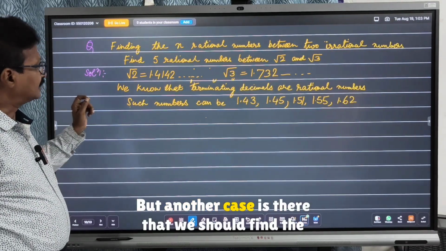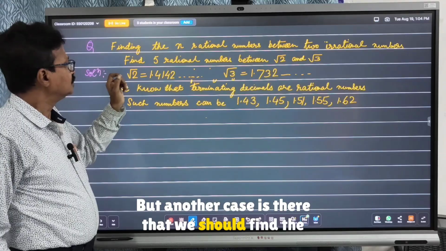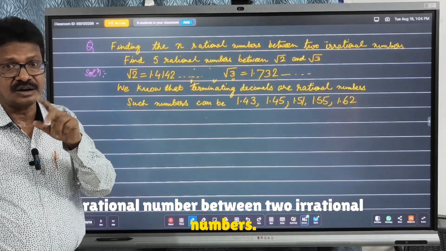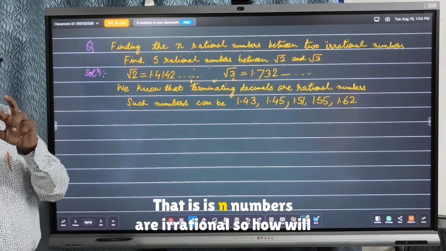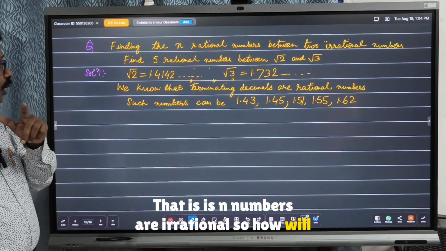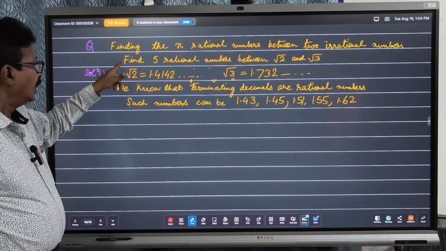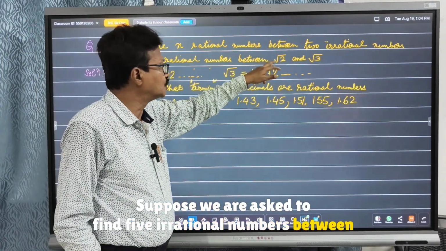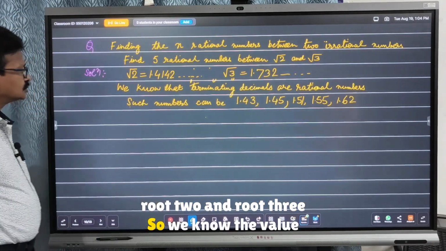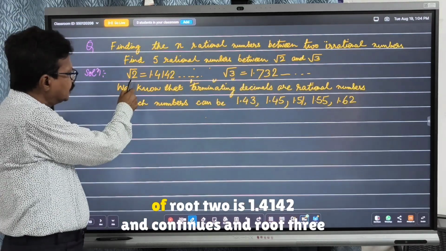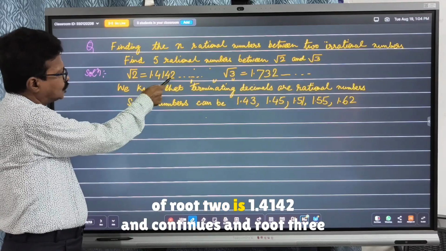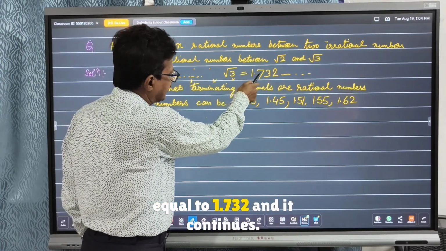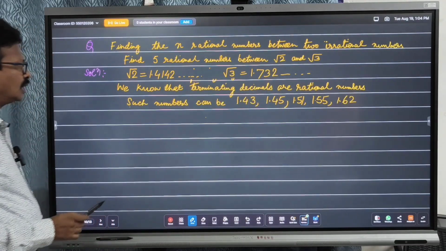But another case is that we should find a rational number between two irrational numbers. That is, the end numbers are irrational. So how will you do it? Suppose we are asked to find 5 rational numbers between root 2 and root 3. We know the value of root 2 is 1.4142 and it continues, and root 3 equals 1.732 and it continues.